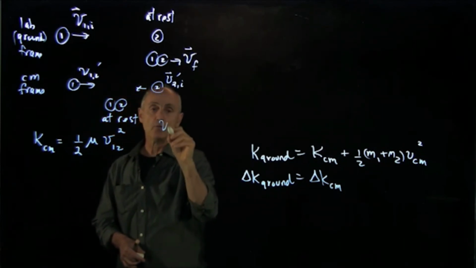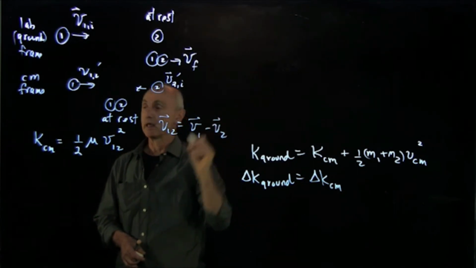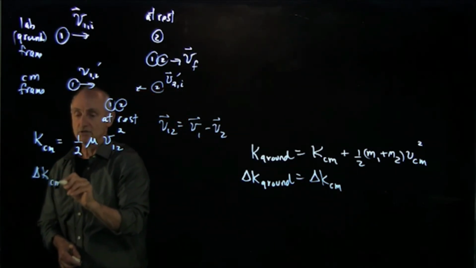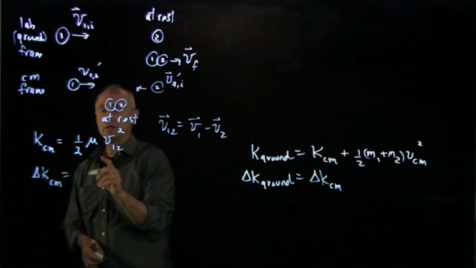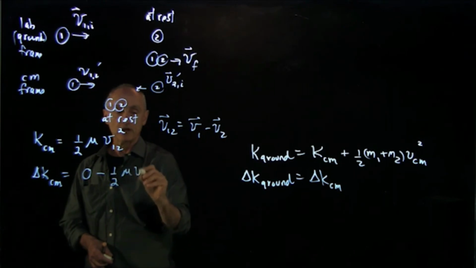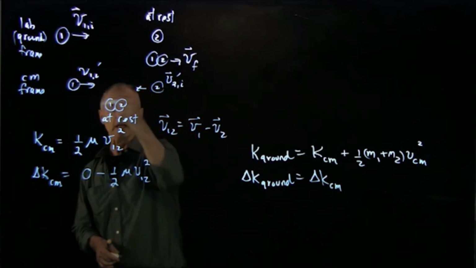So remember, v12 was equal to v1 minus v2. And so the change in kinetic energy in the center of mass frame is the final kinetic energy, which is 0, minus the kinetic energy in the initial state.